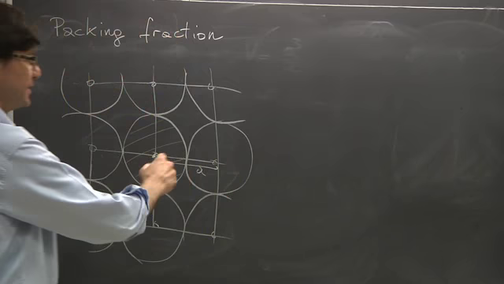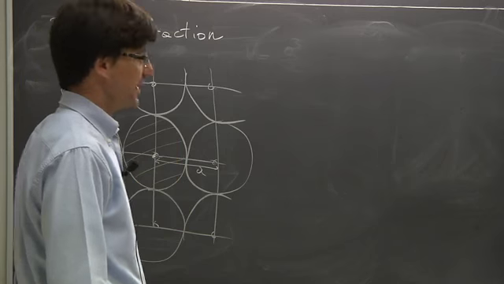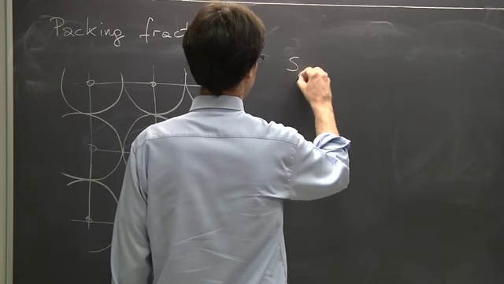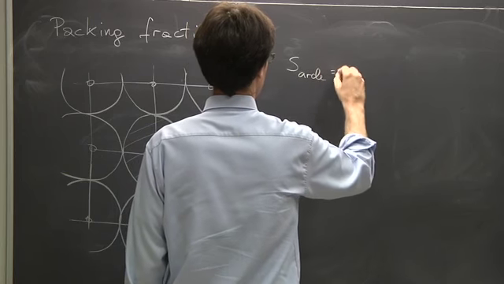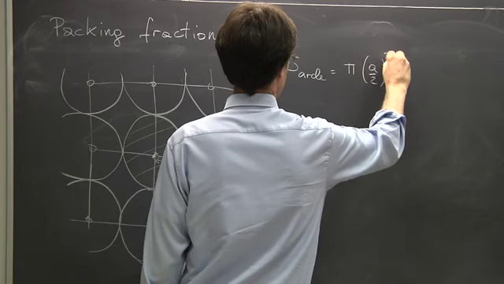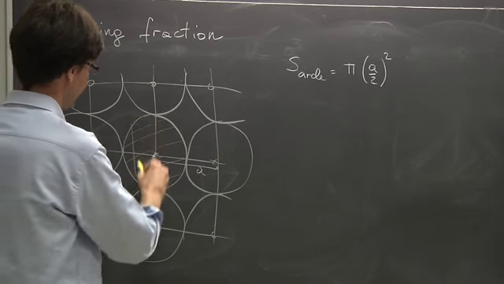So the overall area per Bravais lattice point covered by the circles: if A is the distance between points, the radius will be A over 2. So the surface of the circle is going to be pi times (A over 2) squared. That's the area of the yellow region here.